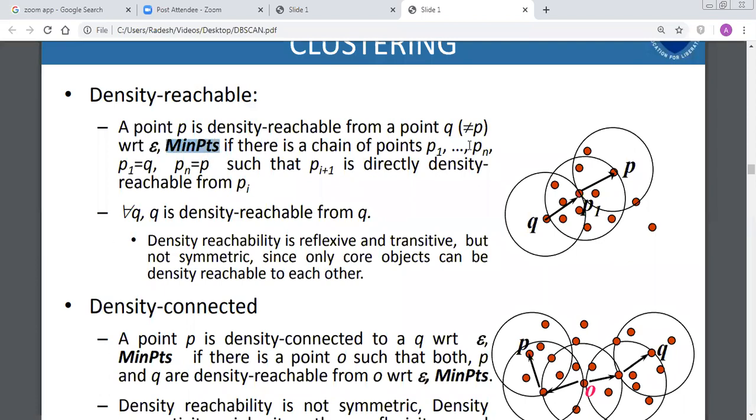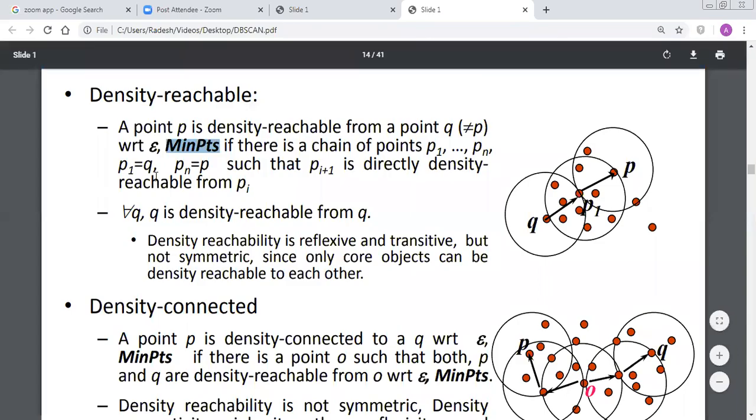If there is a chain of points P1 to Pn, where P1 equals Q and Pn equals P, such that Pi plus 1 is directly density reachable from Pi.